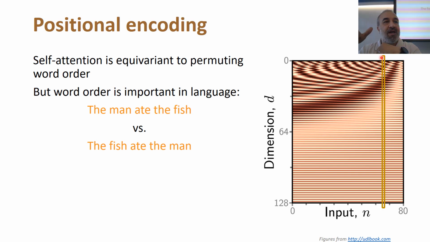We use a kind of time signal function. It's a mix of sine waves with different periods, to give different patterns, and the patterns somehow preserve the relative positions over time. Of course, the word here is like time.